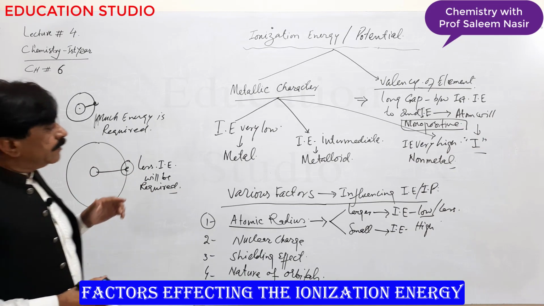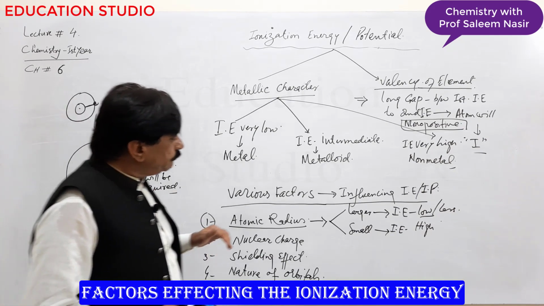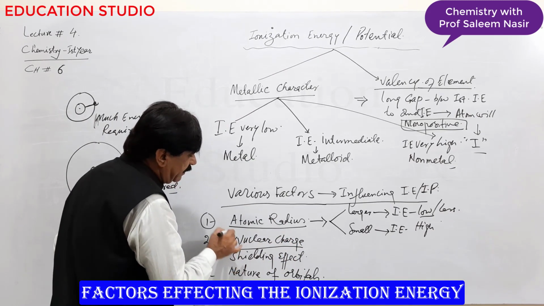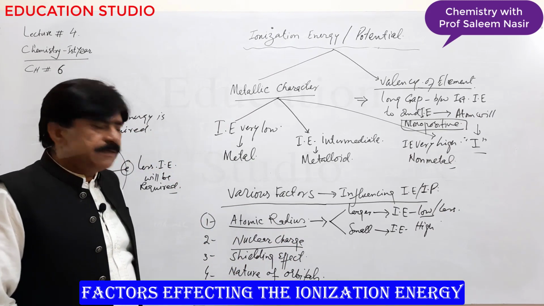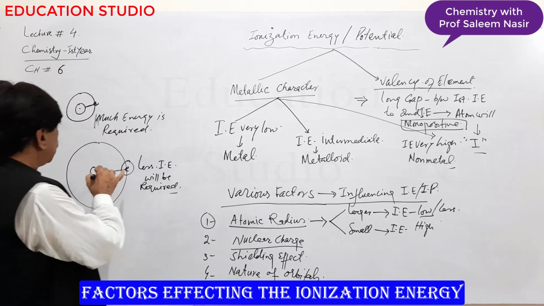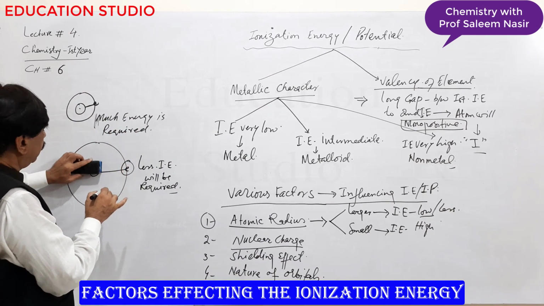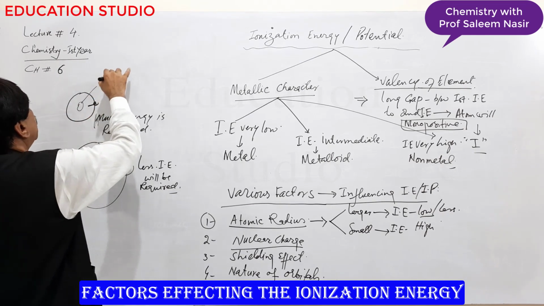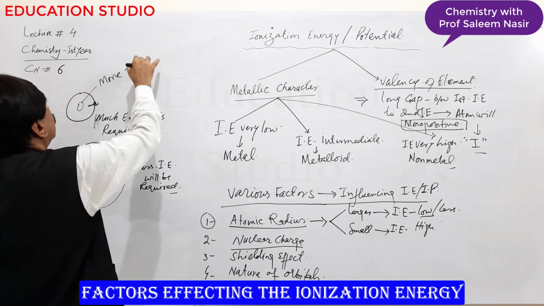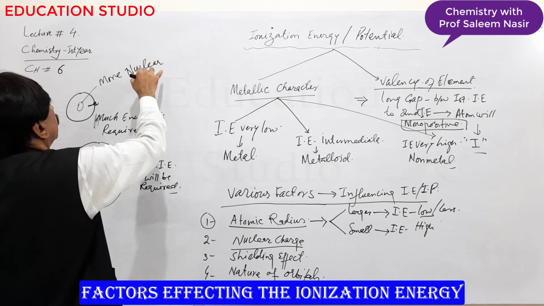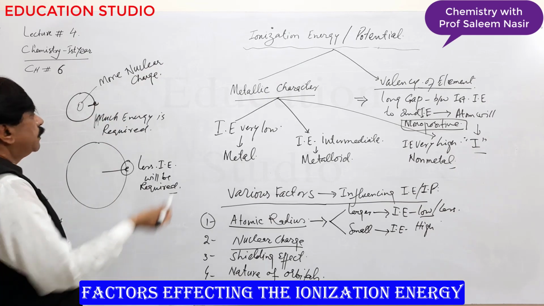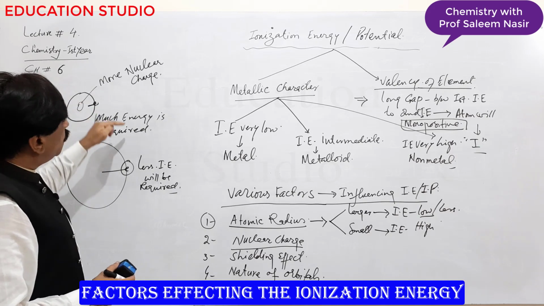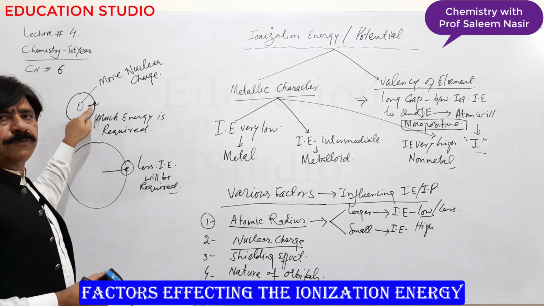Similarly, the nuclear charge also influences the value of the ionization energy. The more the nuclear charge, the more will be the attraction for the valence electron, and much more energy will be required to remove that electron.